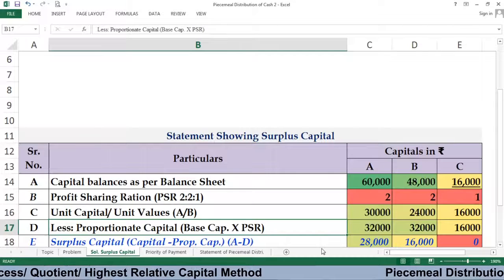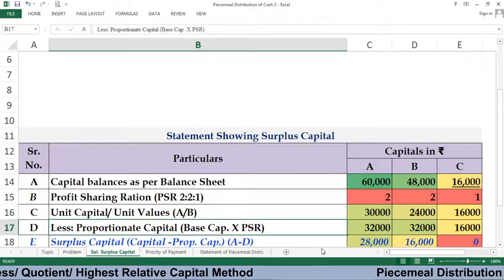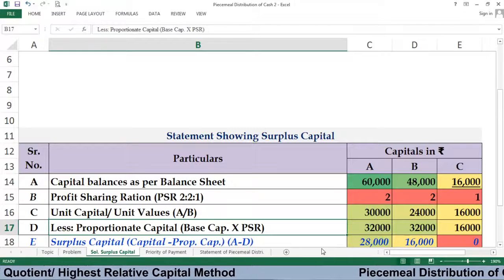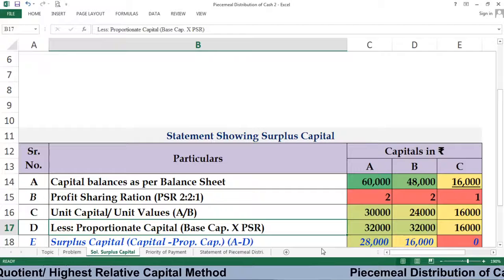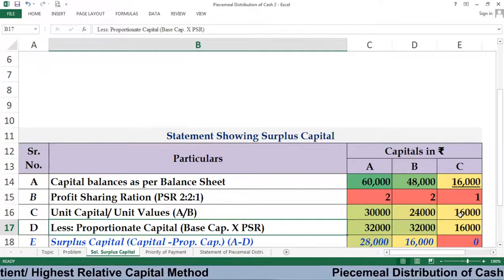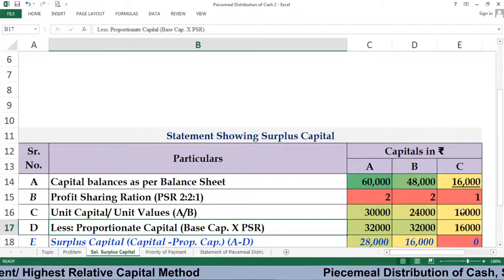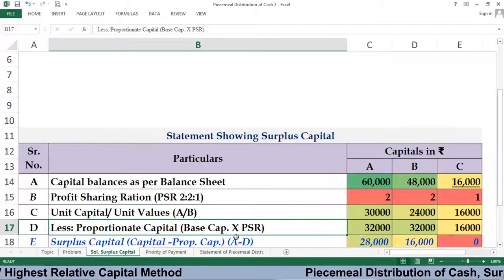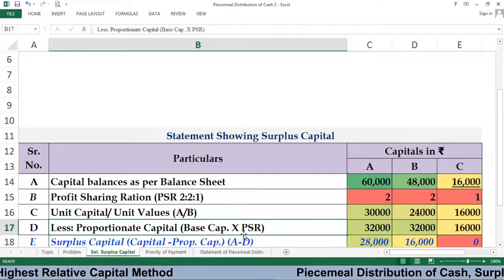After calculating the unit capital, we can calculate the proportionate capital. Proportionate capital means what? The person whose unit value is less should be considered as the base capital. Here 16,000 is less, so 16,000 will be considered as the base capital, and we will multiply it by its profit sharing ratio.